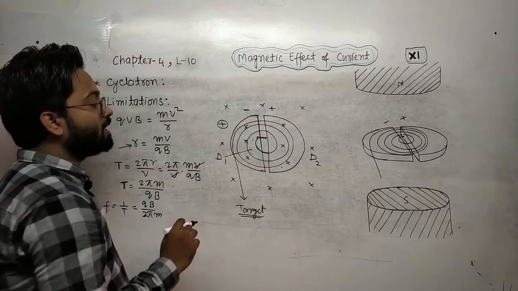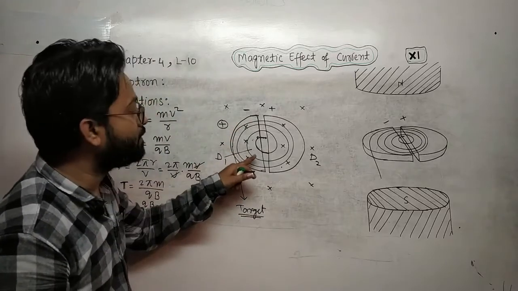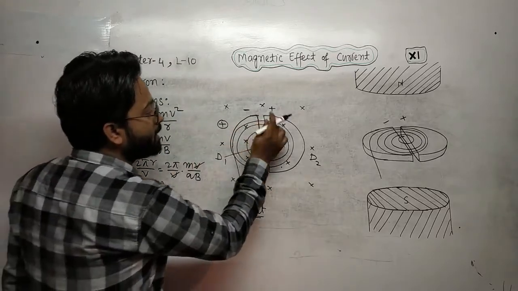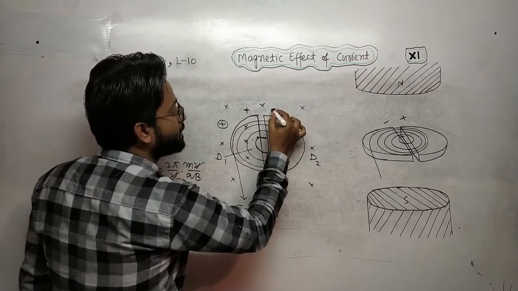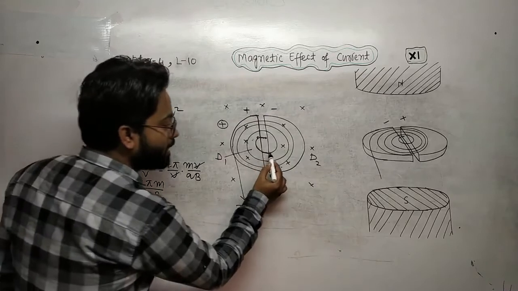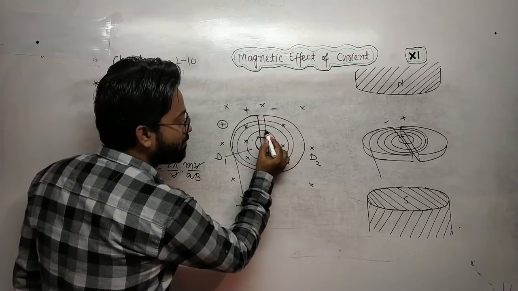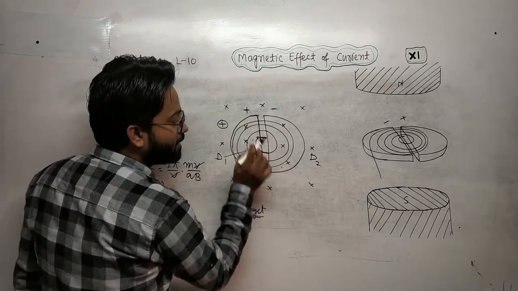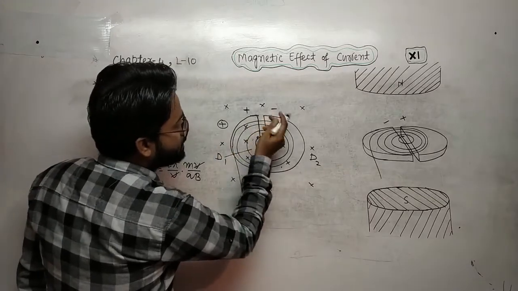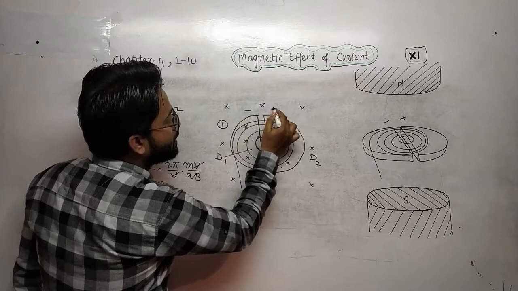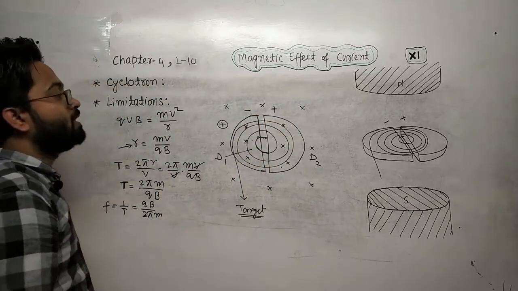When the charged particle leaves disk D1, then the polarity will change automatically. Again, when the charged particle leaves disk D2, the polarity will change again.